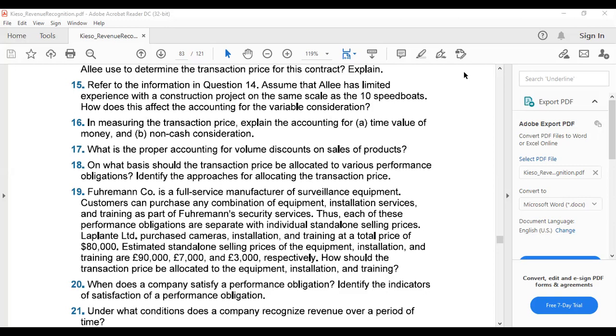How much? So, since the equipment, sir, is 90,000, 90,000 divided by 100,000 times 80,000. So, 72,000, sir.